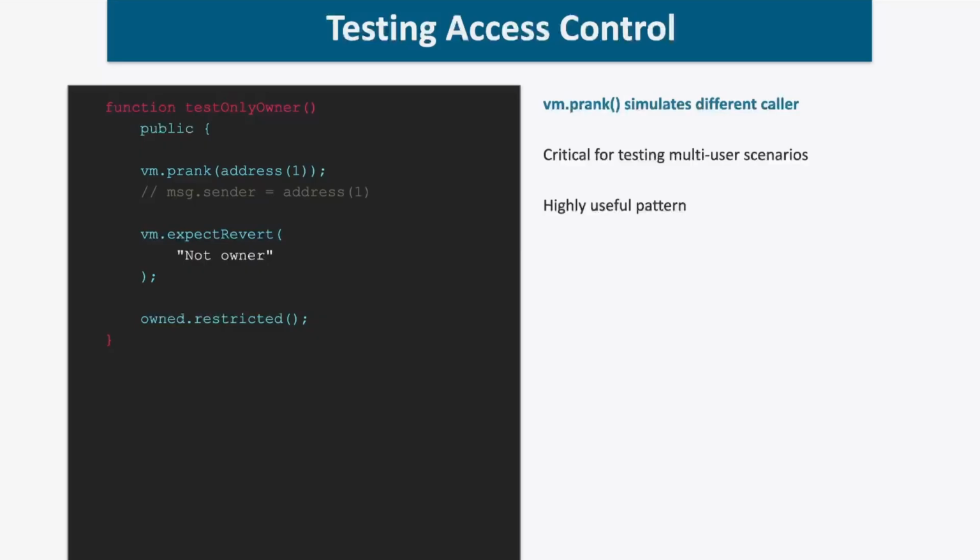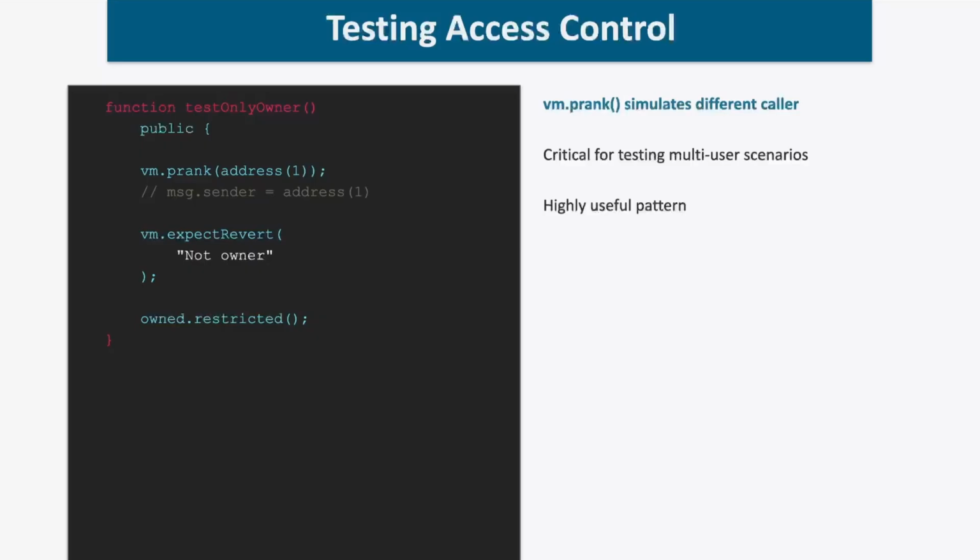So when we call owner.restricted, the contract sees msg.sender is address 1. The require check inside restricted fails because address 1 is not the owner. The transaction reverts with not owner. The test passes because we expected this revert. This test verifies that access control works, unauthorized callers are rejected, and the error message is clear.